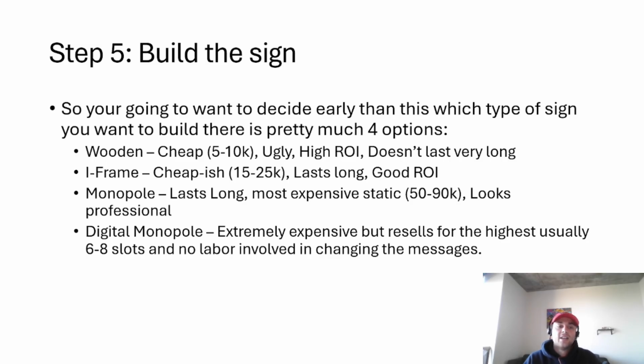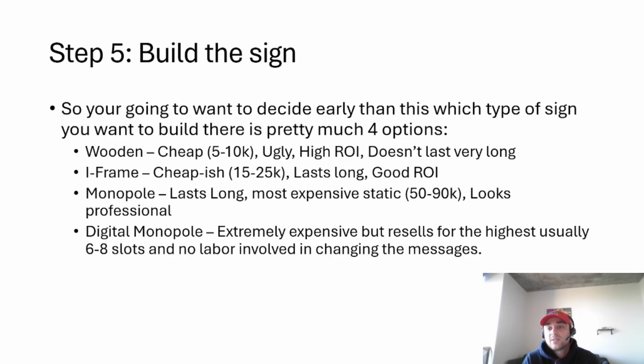And lastly, this is kind of where the whole industry is headed, but a digital monopole. So these are extremely expensive, really anywhere from $100,000 to $200,000. Totally depends on the size that you're doing as far as the face, if you're going to do digital on both sides or digital on one side and static on the other.